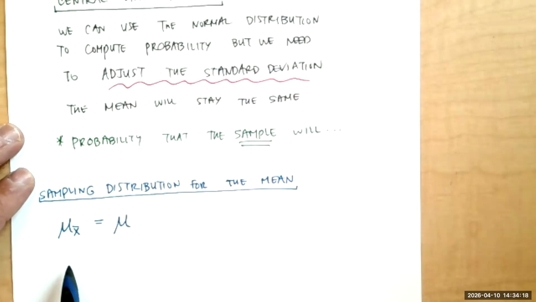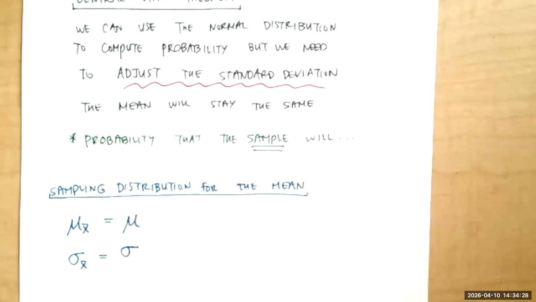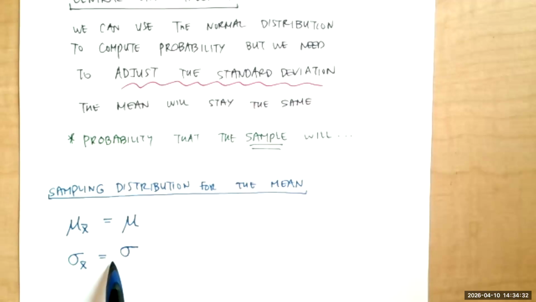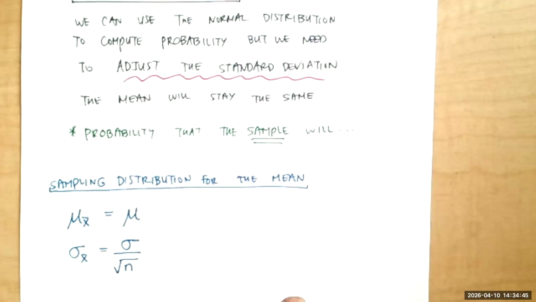And then for our standard deviation, sigma for those x bars, this is our adjusted standard deviation. We take the individual population standard deviation, sigma, and divide that by the square root of our sample size. And in our calculations, we'll typically get some long decimal value here.